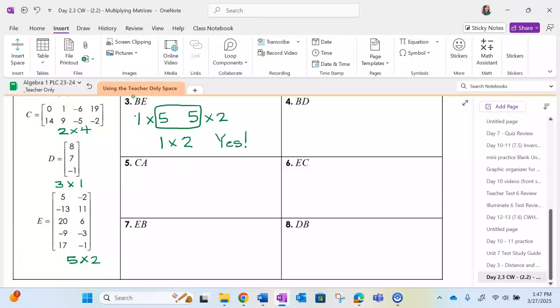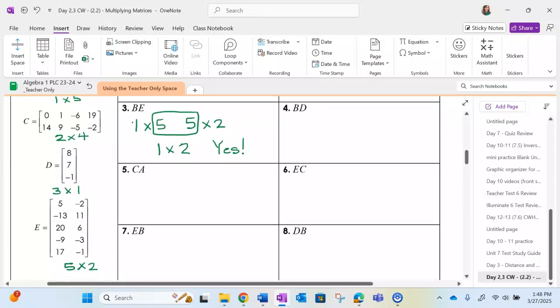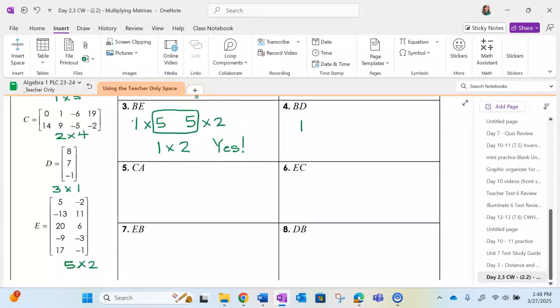All right, let's do B times D. B is a 1 by 5. D is a 3 by 1. These 2 in the middle don't work, so the answer is no.